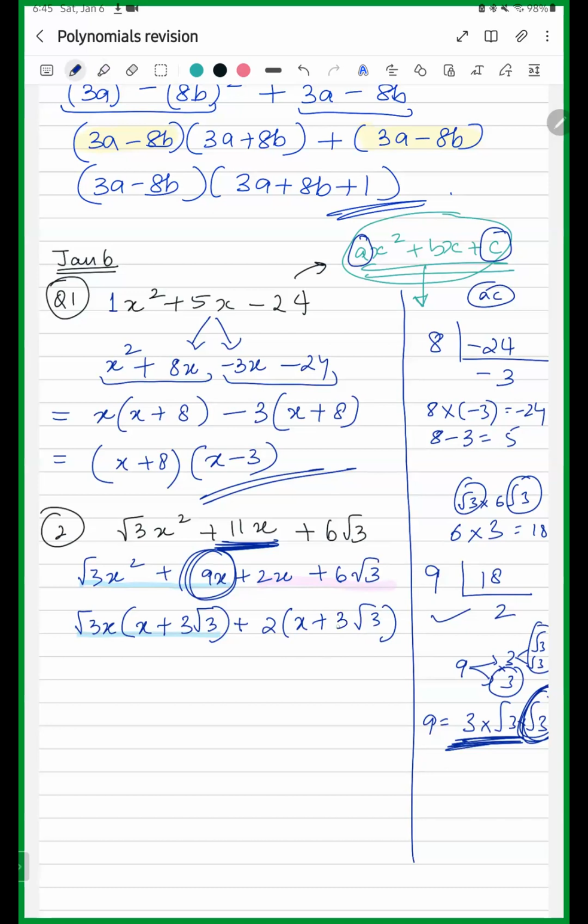Okay. And how will we know that we have done the right calculations, or we are on the right track? These two brackets should be the exact same, no difference in the two brackets. So we take the common bracket, and whatever is left, we write it. Root 3x plus 2. So this is the factorization.